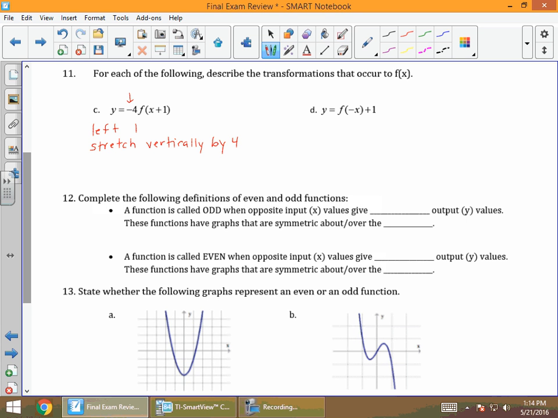And the negative sign is a reflection across. If you think outside, you're changing your y, so you're flipping from top down, so that would have to go across the x-axis, because the x-axis would be the one running side to side that you would be flipping over.